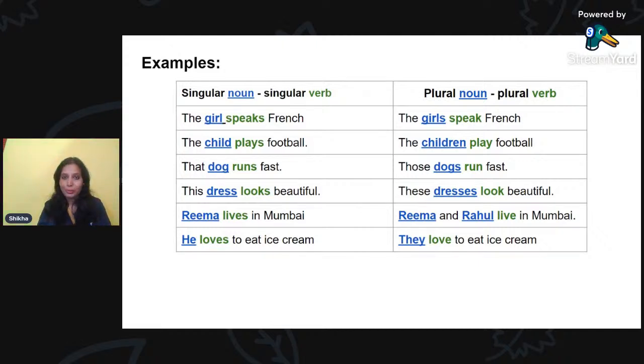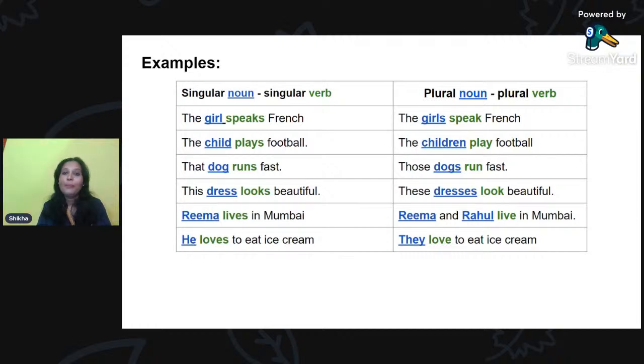You must remember this. Next, our sentence is the child plays football. Child, one child, plays, singular form of the verb. The child plays football. Okay. The children play football. When we say children, that means more than one child. Play, plural form of the verb.